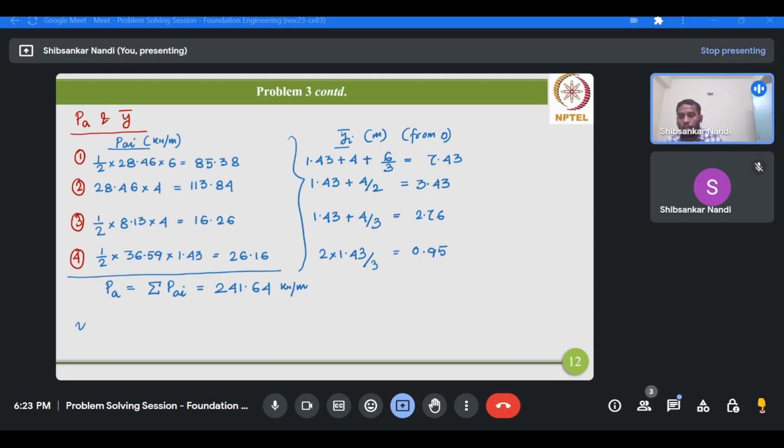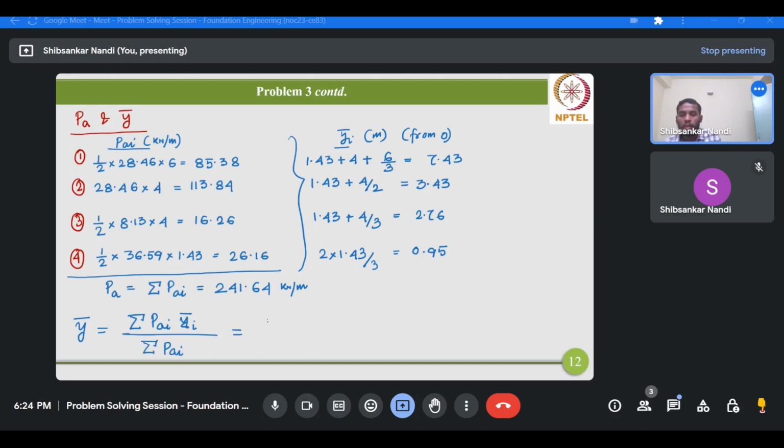Now we'll determine the lever arm of the resultant active force. It will be the summation of PAi times Yi bar divided by the summation of PAi.